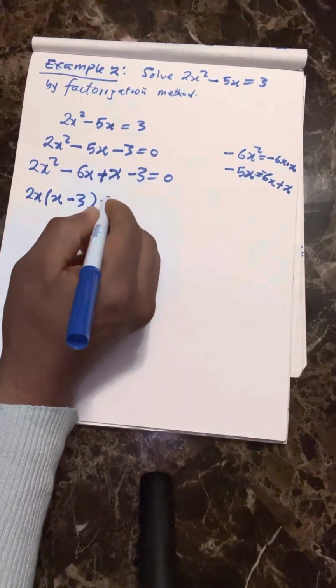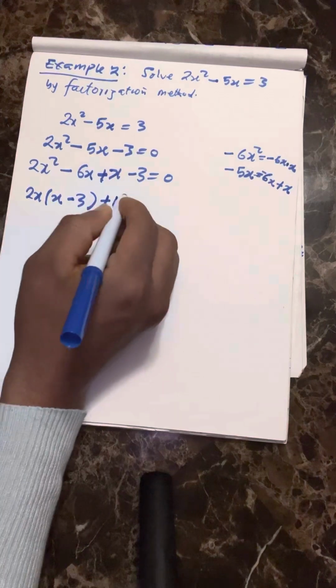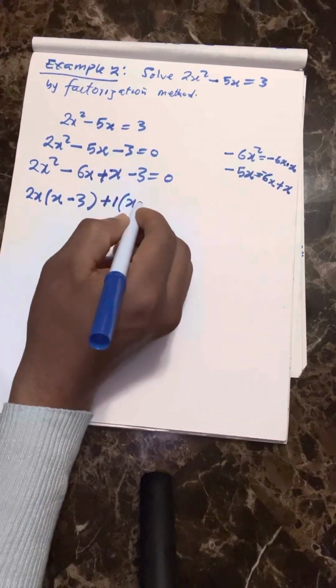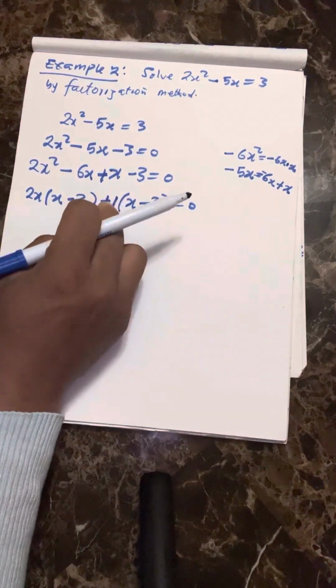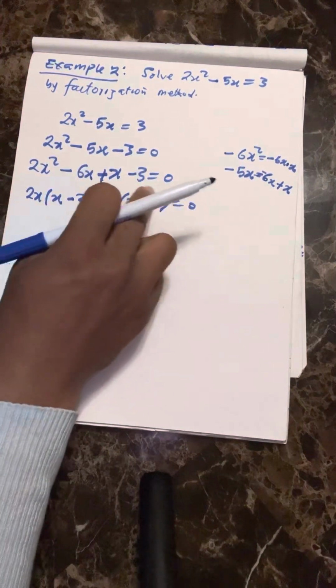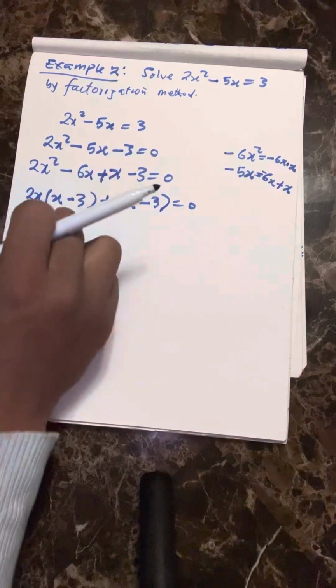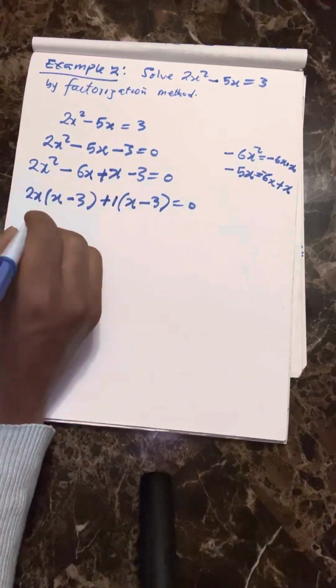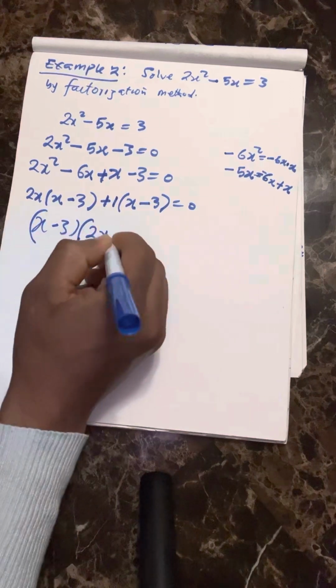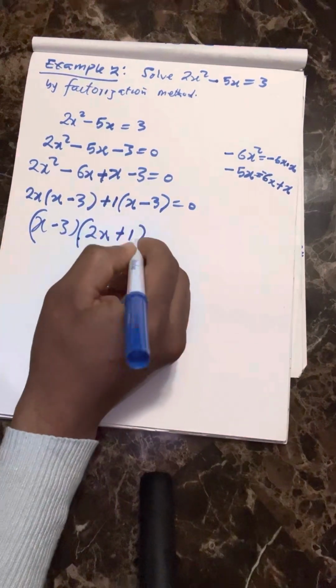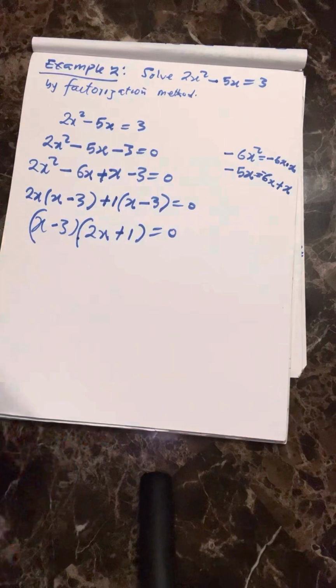It is plus 1. So you have x minus 3 equals 0. So on these two sides, you have x minus 3 common. You factor that out, and then you're left with 2x plus 1 equals 0.